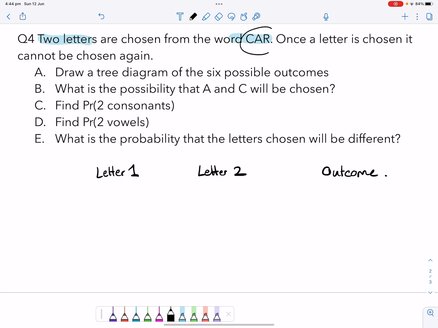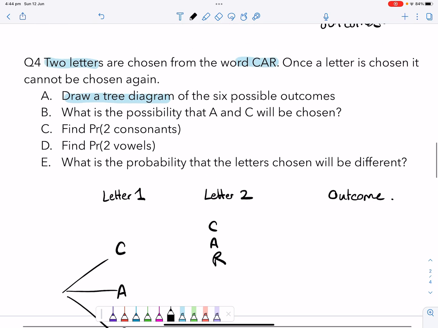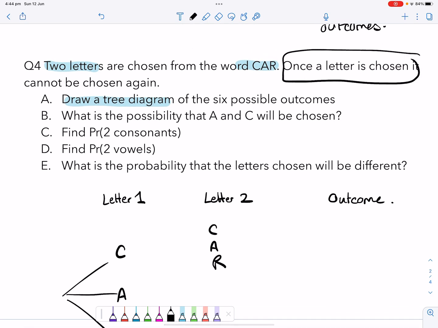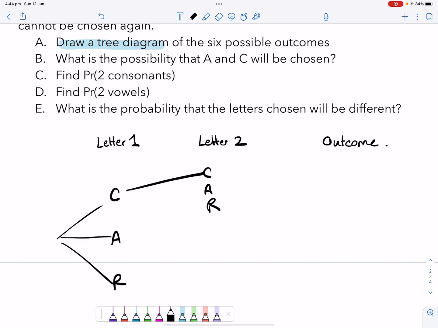So since it's from the word CAR, and the first question says draw a tree diagram, I would have C, A, R as my 3 possibilities for the first letter. Then for my second letter drawing, I would have C, A, R. However, the question says, once a letter is chosen, it can't be chosen again. So I guess we can't have this combination. So I can simplify this out. So there would be that.